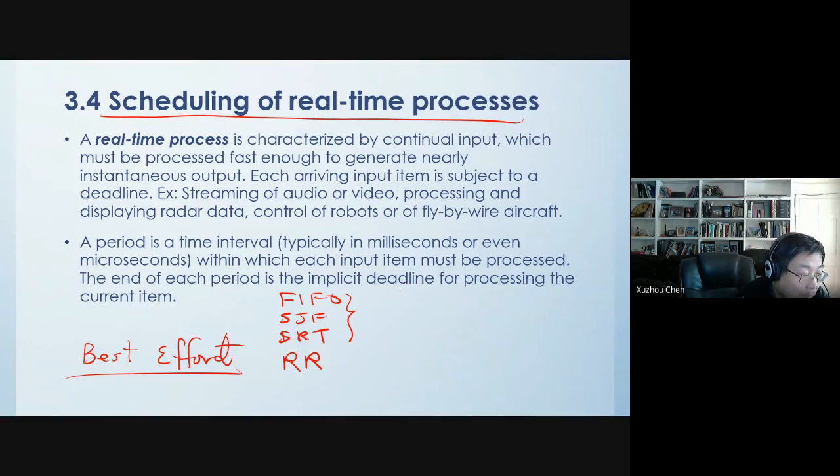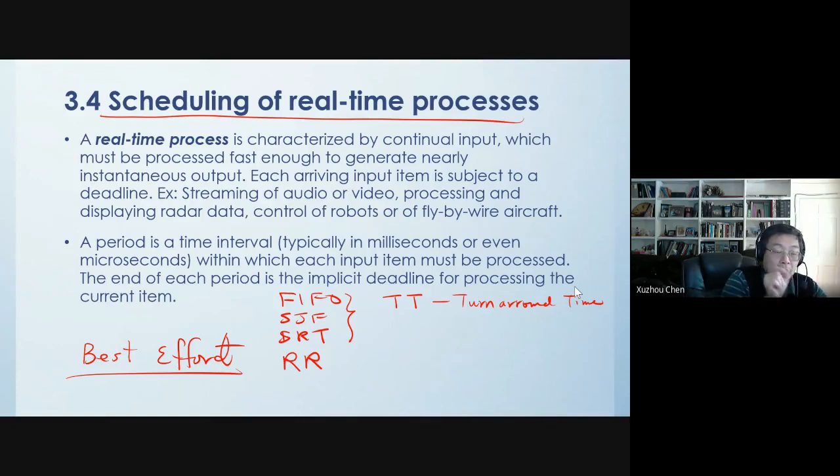This is called the turnaround time. Turnaround time for each process, just keep that in mind. Turnaround time is the period of time for each process.